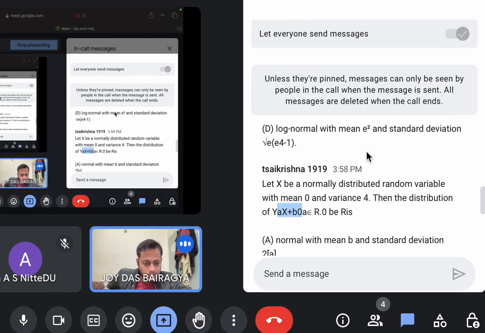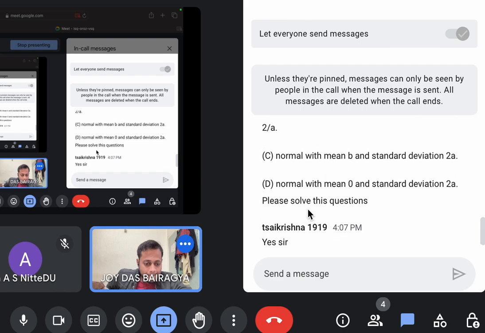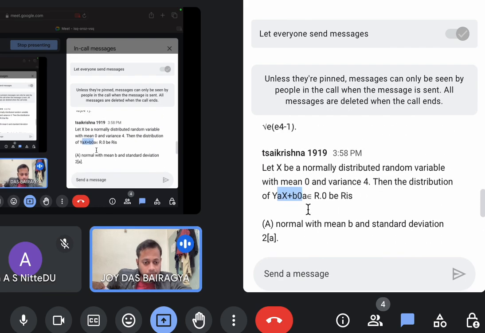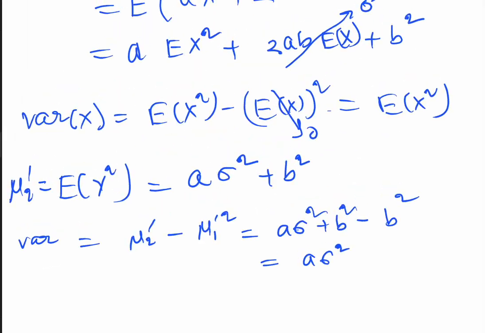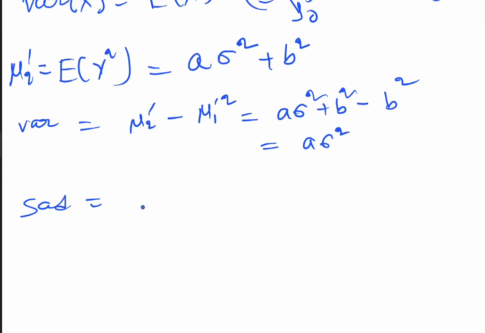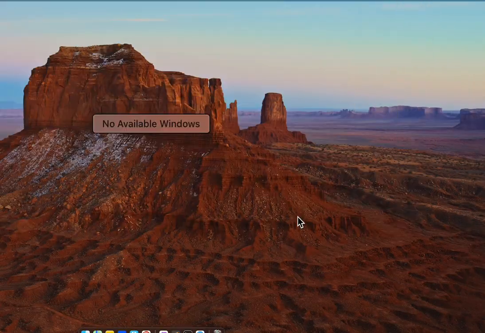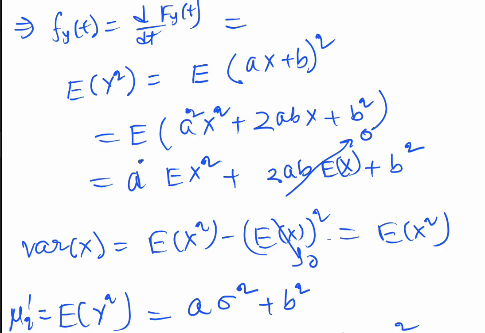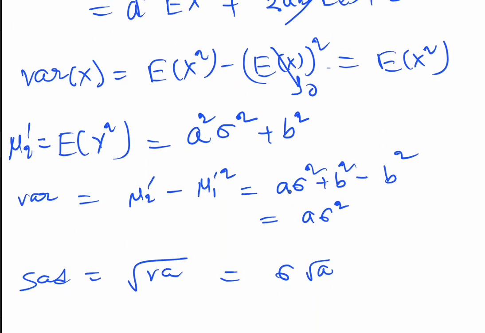The standard deviation means root over the variance, so that is a sigma.